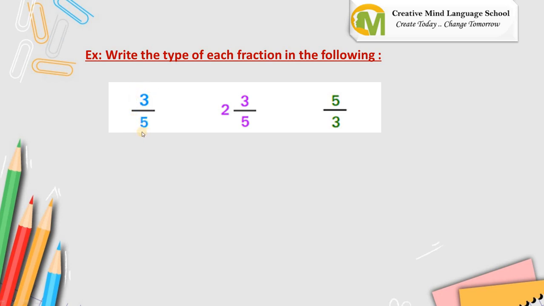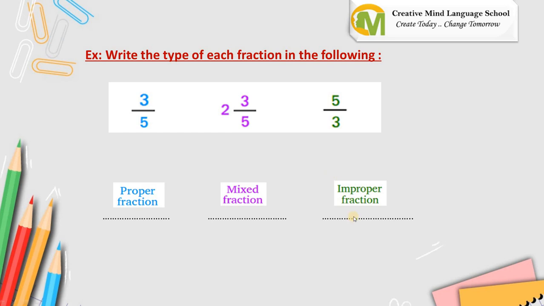So which type is it? Very good. Its type is proper fraction. The second one, I have a mix of whole number and fraction. Which type is it? Yes, very good. It's a mixed fraction. Last one, I have 5 over 3. Its numerator is bigger than its denominator. So it's called an improper fraction.